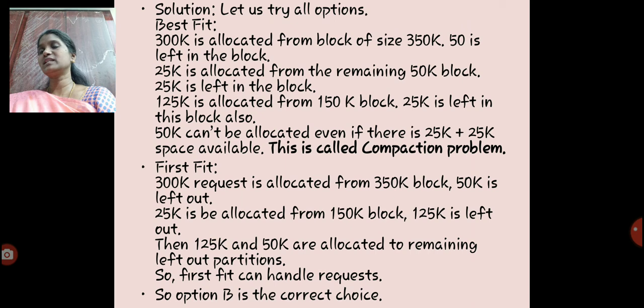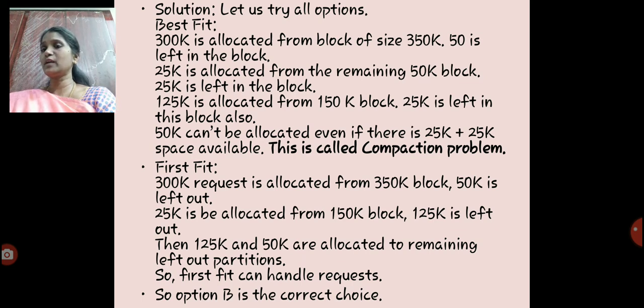Now let us try all options. For example, we see the best fit first. 300k is allocated from the block of size 350k. In whichever order the processes come, only in that order can we allocate, right? So the first process is 300k, and it is allocated to the block of size 350k.